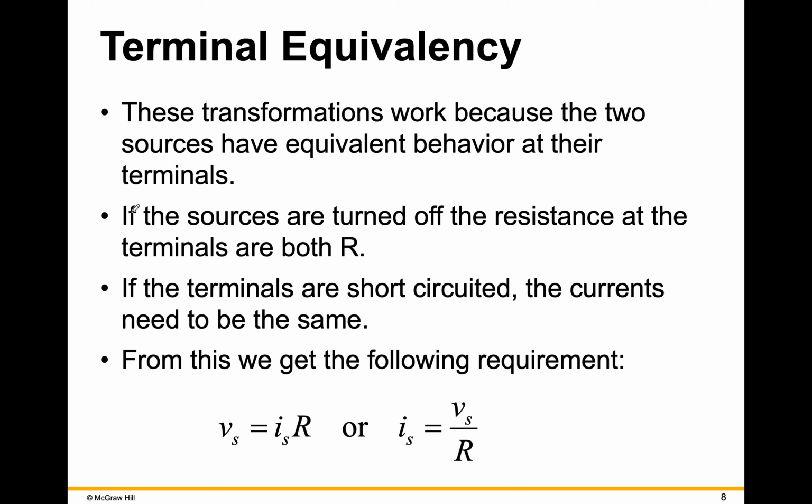Now, be a little bit careful with this statement right here, because this does not work if you have dependent sources, because obviously you can't turn dependent sources off. This is a continuing area of concern for me in this book. I believe they make some misleading, if not outright incorrect statements. So as we go through this set of lecture notes, I'm going to point these out.